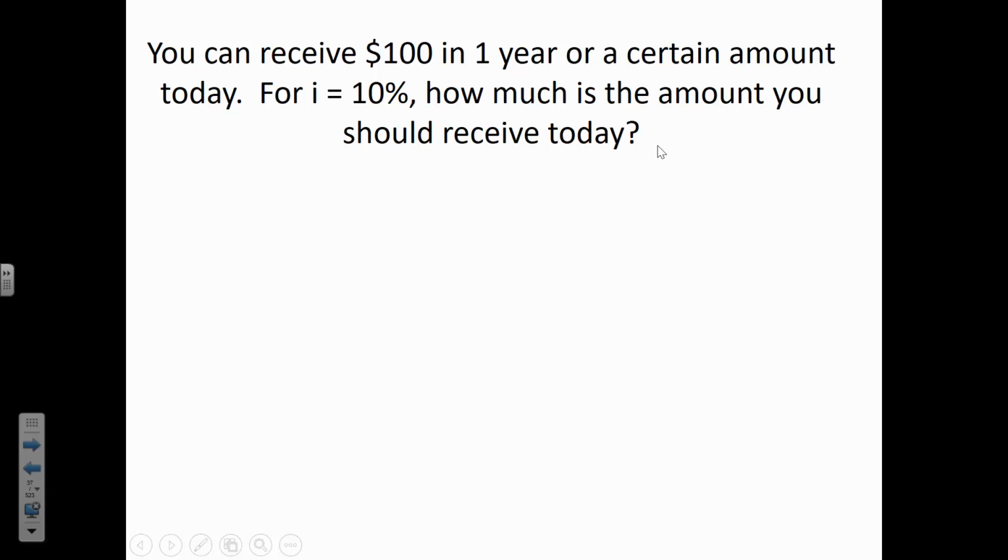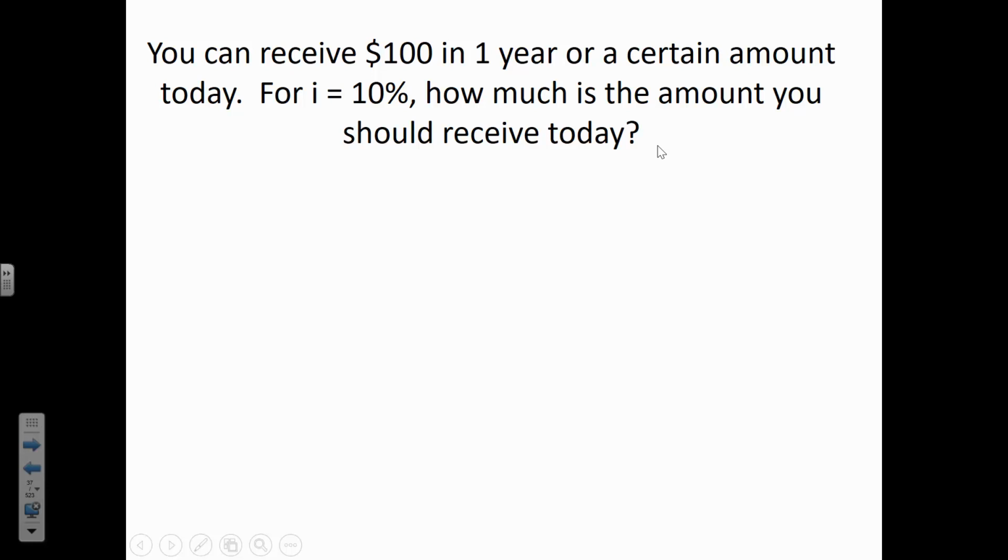Okay, so let's first of all break this problem down into the labels. The applicable labels here are N, I, F, and P. So what is I in this example? 10%, or if we're putting it into one of the equations, we would write it as 0.10.